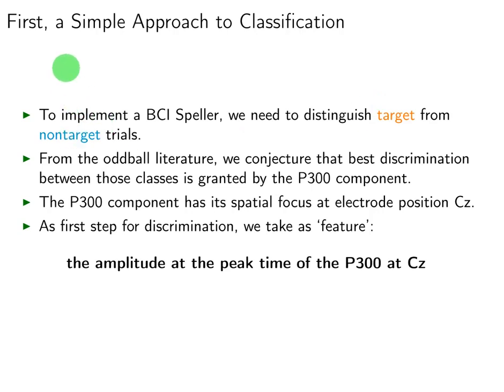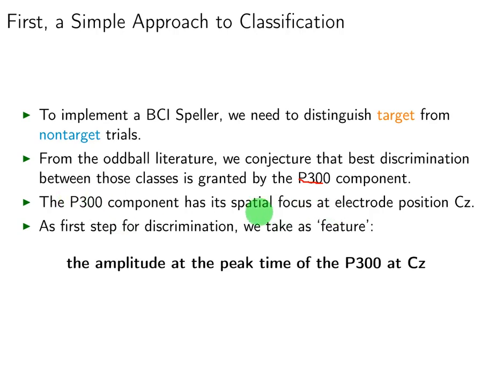From the oddball literature, we can conjecture that the best discrimination between those cases is granted by the P300 component. This is where we can see a visually prominent deflection of the biserial component and the difference in the amplitude features. This comes from previous research as well.